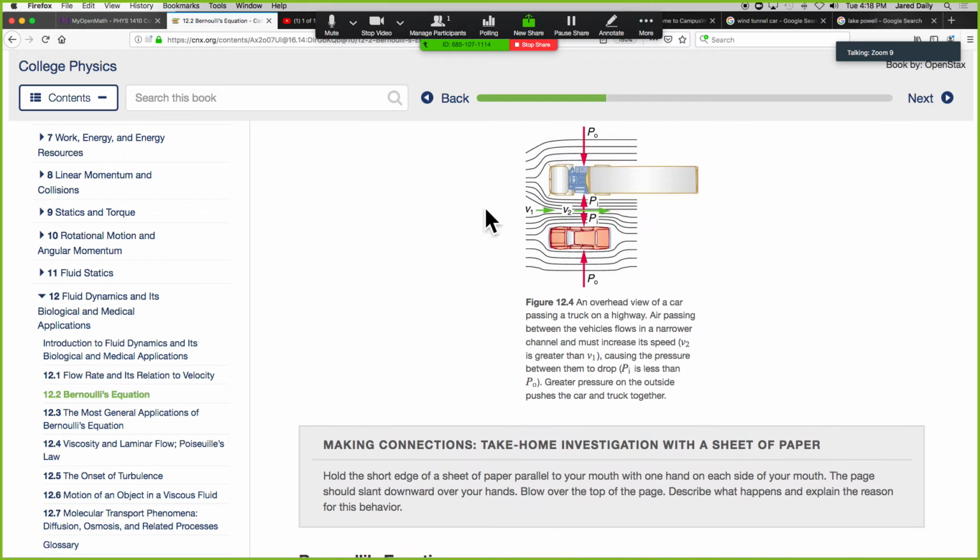It comes down to moving fluids. When moving fluids are moving through, around, or between things, it actually changes the pressure of the fluid on those objects. So as we're sitting here, not moving, we don't really feel any pressure effects.